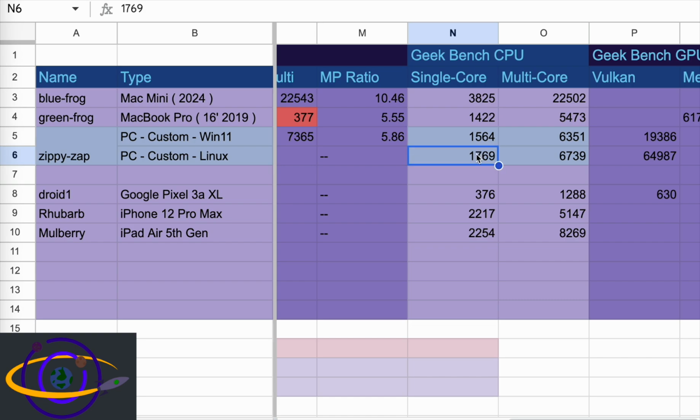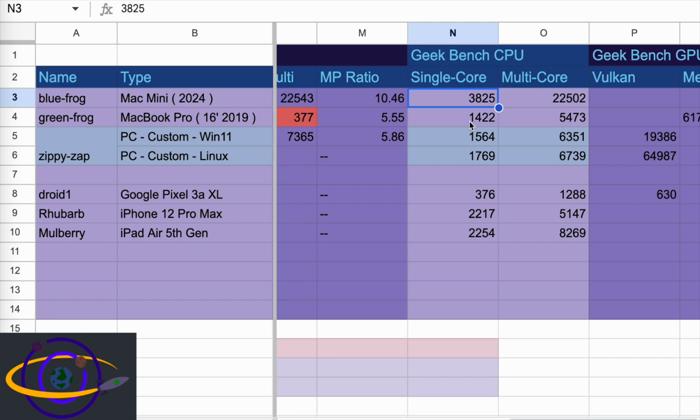So we're getting slightly better performance on Linux, and both of these are a little bit better than the MacBook Pro with a similar CPU, but it's not such a huge difference that there's something wrong with the MacBook. This is exactly what I would expect from a laptop versus a desktop. So this makes a lot of sense, and the difference between this and the Mac Mini, obviously Apple Silicon, is that it's beating these things out by a lot. It's by far the most powerful CPU.